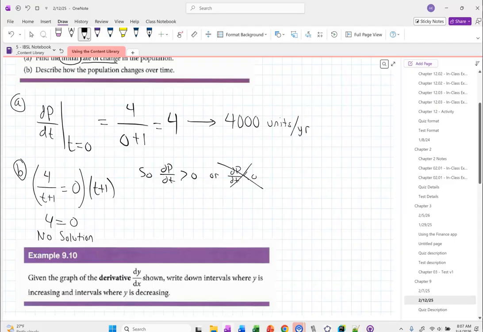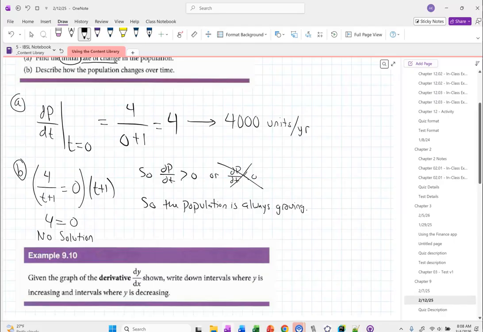So if it's either always positive or always negative, and we had it positive once here, we know it's always positive. So the population is always growing. Everybody's okay with that reasoning?